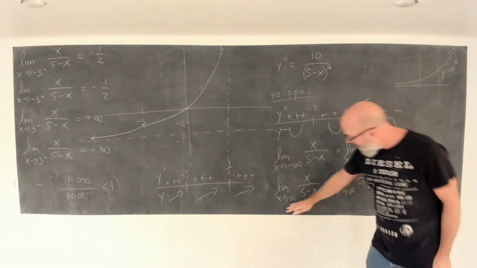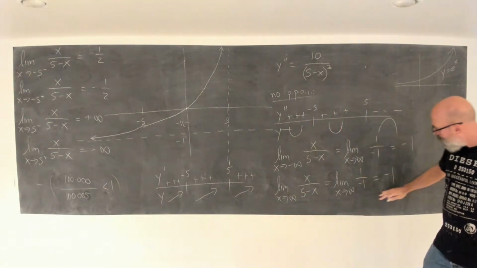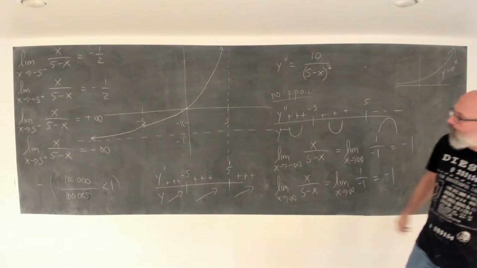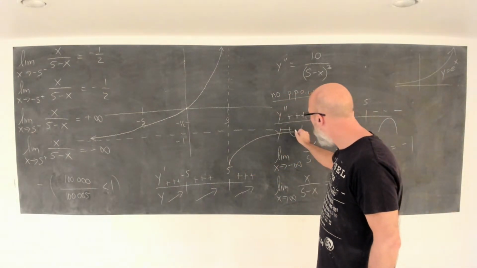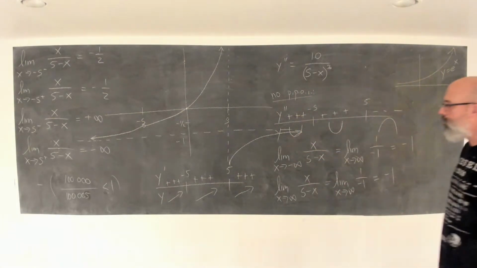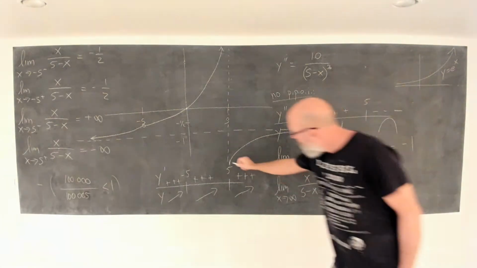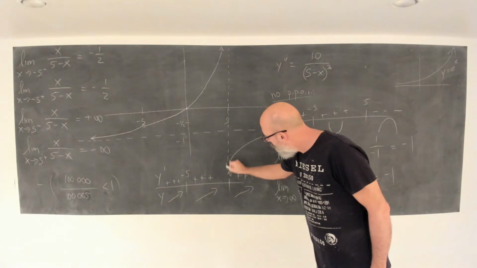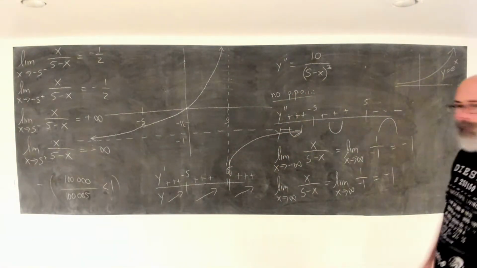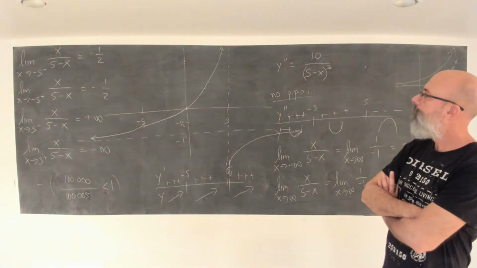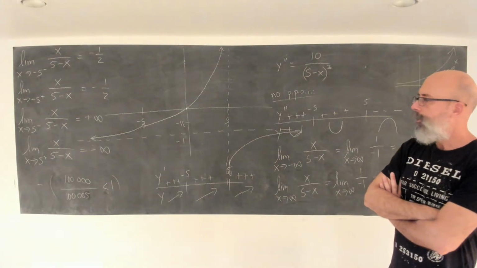And where's the forever taking us? Closer and closer to -1. Increasing, concave down, getting closer and closer to -1. There we have it. Very nice.